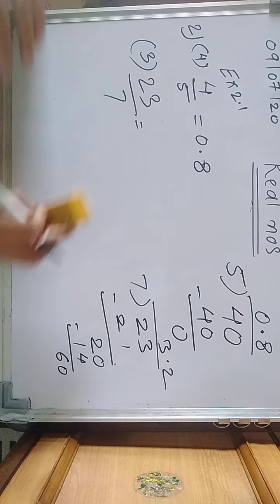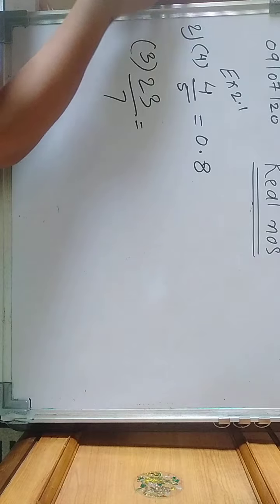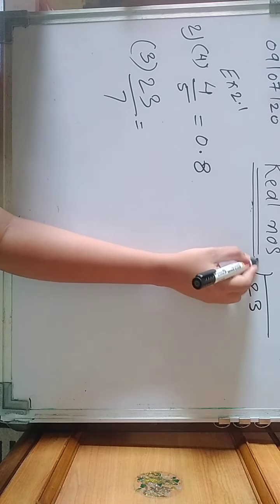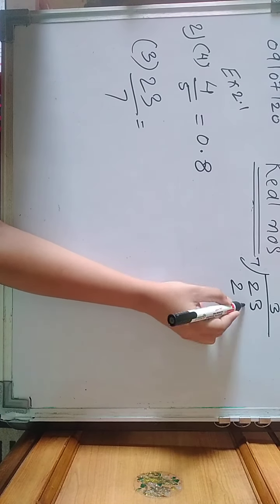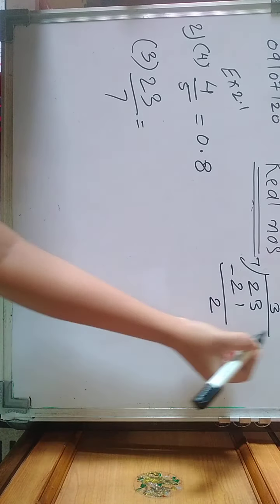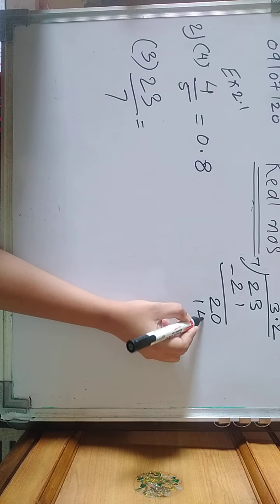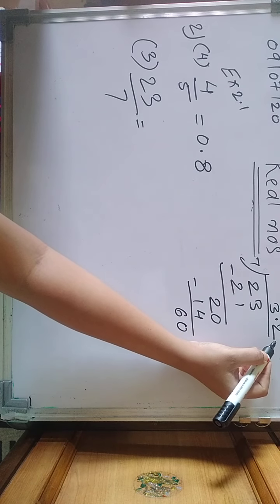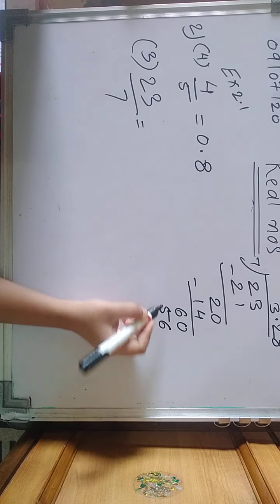I think this will be a non-terminating number. Let's take a bigger space and let's start solving. 23 divided by 7. 7 3s are 21. 2.0. 7 2s are 14. 6. One more 0. 7 8s are 56.